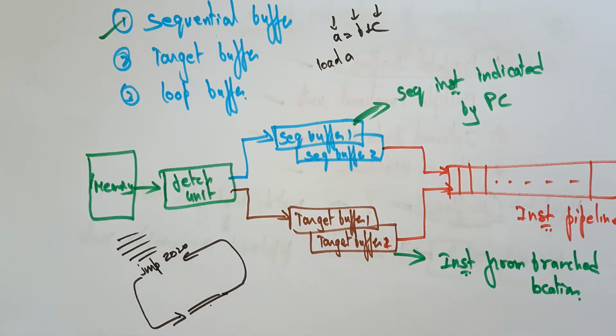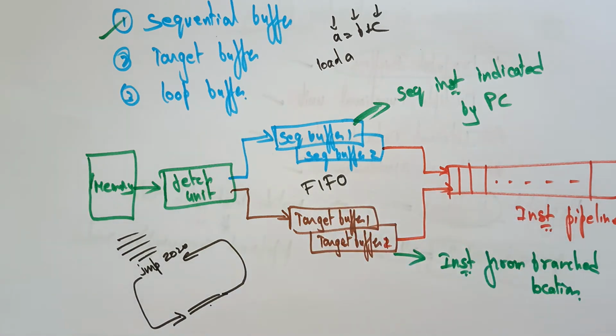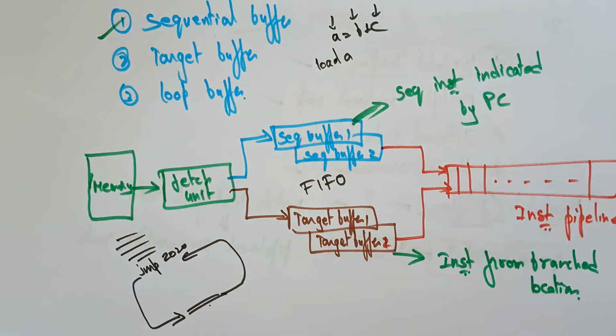And both buffers operate in first in, first out. Remember, students, both operate first in, first out. Whatever data comes first will be sent to the instruction pipeline. From each buffer pair, one may be used for loading instructions from memory and another for feeding instructions into the pipeline. So the sequence buffer will be used to feed instructions into the pipeline, whereas the target buffer is used to load the instructions.